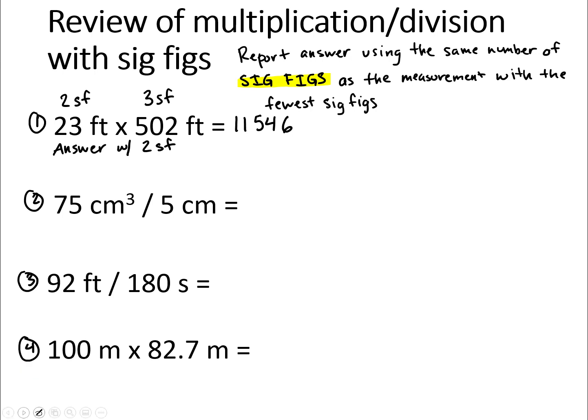I'm going to put my answer in red here. I agree, it's 12,000. But we're missing something. We're missing units. Our units aren't just feet because we're multiplying. 2 times 2, it's 4, but it's also 2 squared. Yeah, so feet times feet gives us feet squared.